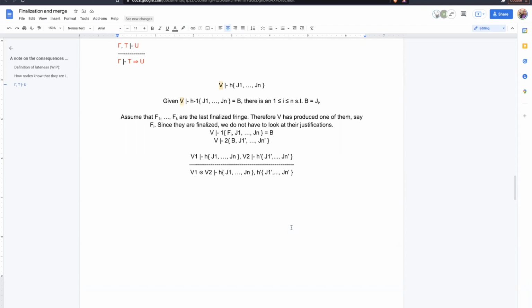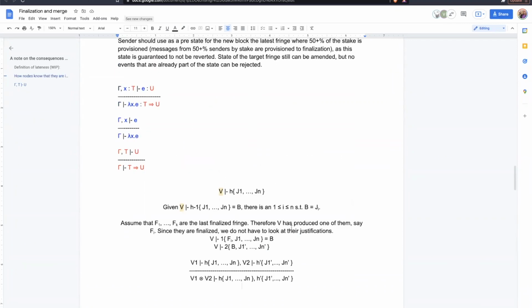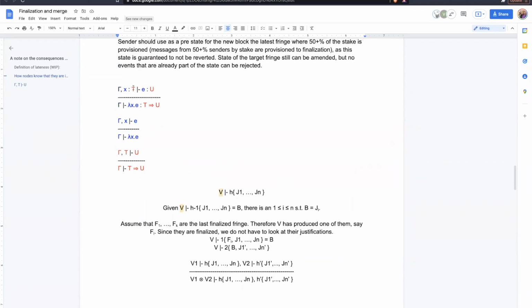So when we say gamma, comma, x of type t, this doesn't mean that x of type t has some interaction with gamma. In this particular context, typically x is going to show up distinctly, but it's not always the case.